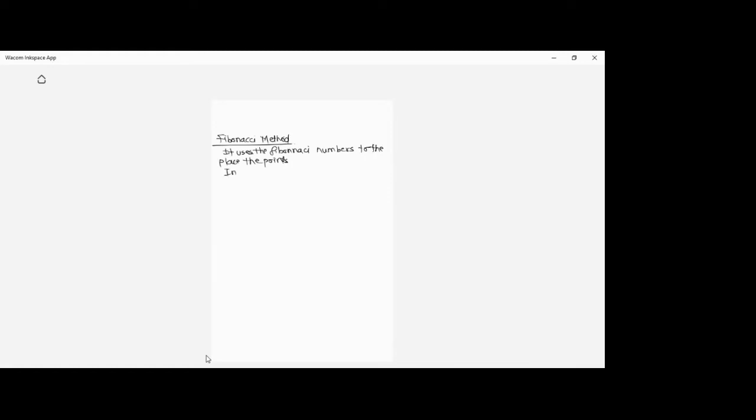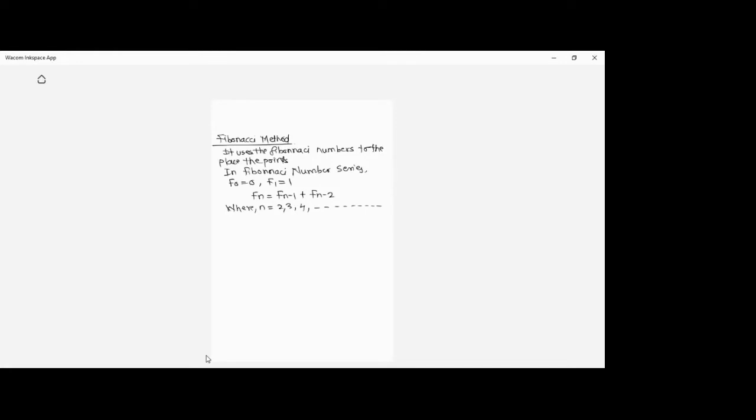In the Fibonacci number series, f0 is equal to 0, f1 is equal to 1, and then there is a generalized formula, fn is equal to fn minus 1 plus fn minus 2, where n is equal to 2, 3, 4, and so on, right?